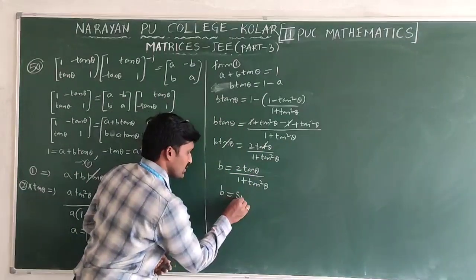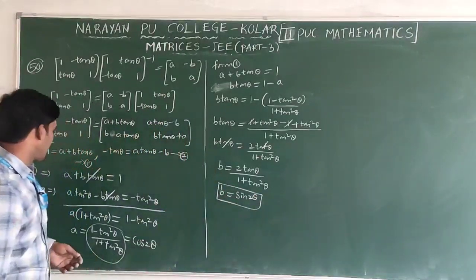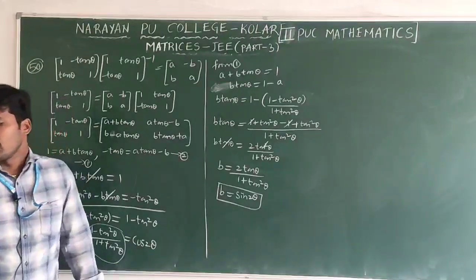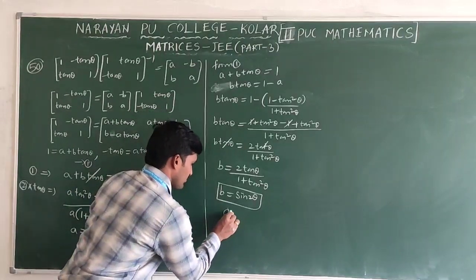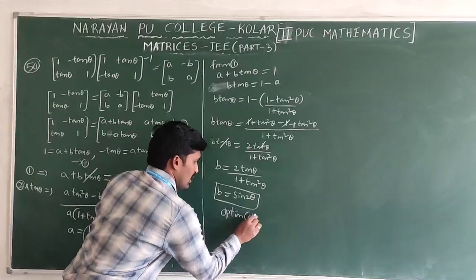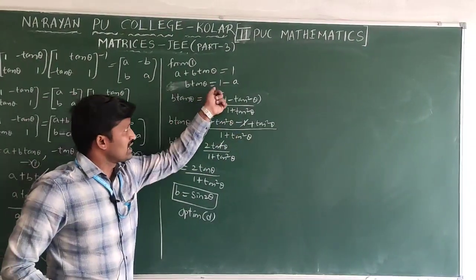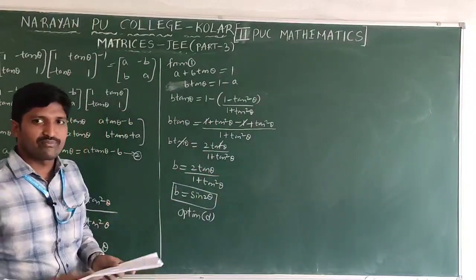That's why B equal to sine 2 theta, and A, what you consider? Cos 2 theta. Now which option is correct? Option D is the correct one. Before, we did not take the LCM; we forgot and took it directly by the denominator. That's why after taking the LCM only we need to simplify.